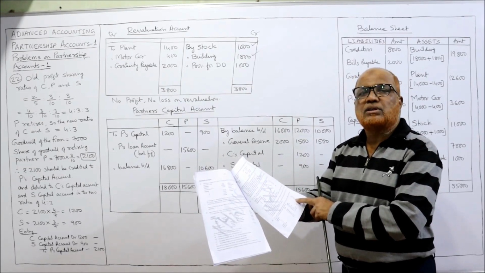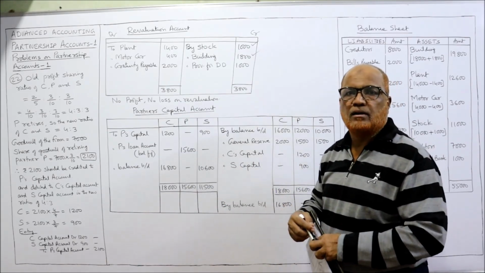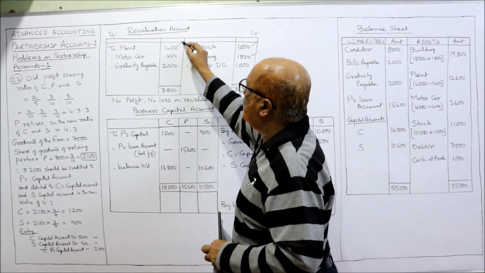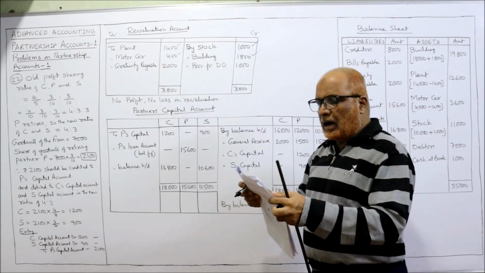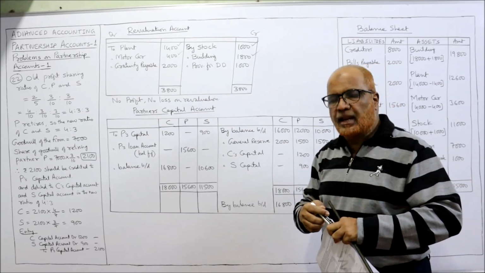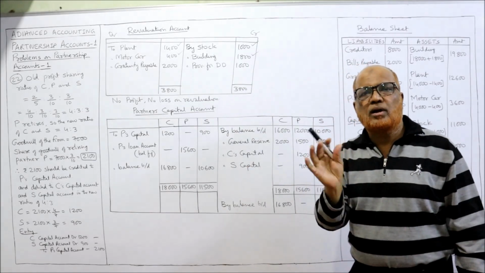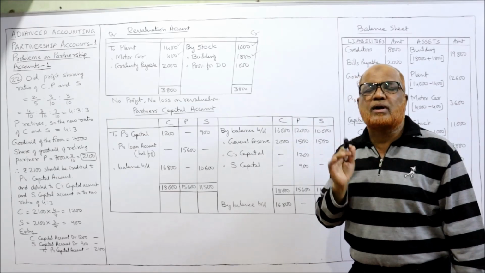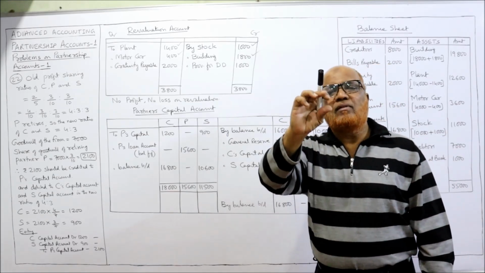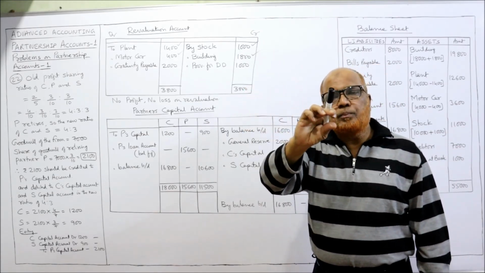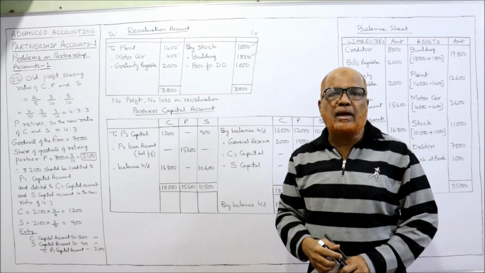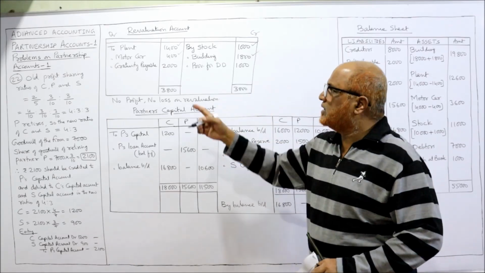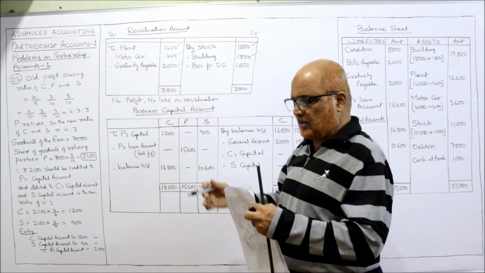And motor car 4,000, 10% is 400. So 1,400 and 400 we have debited. Now apart from that, liability, gratuity payable. This is not there in the balance sheet. We have to bring it into account. So the entry will be revaluation account debit to provision for gratuity payable. So on the debit side, gratuity payable 2,000.